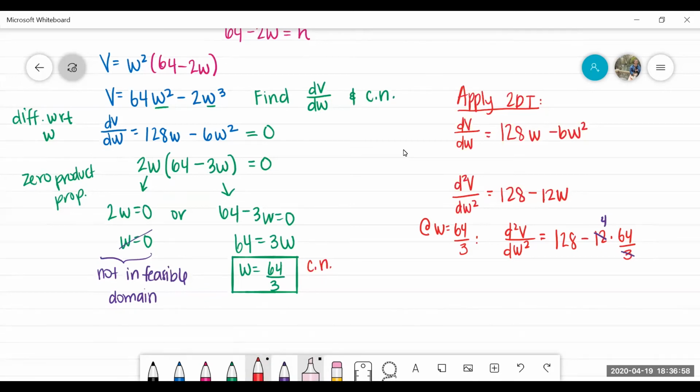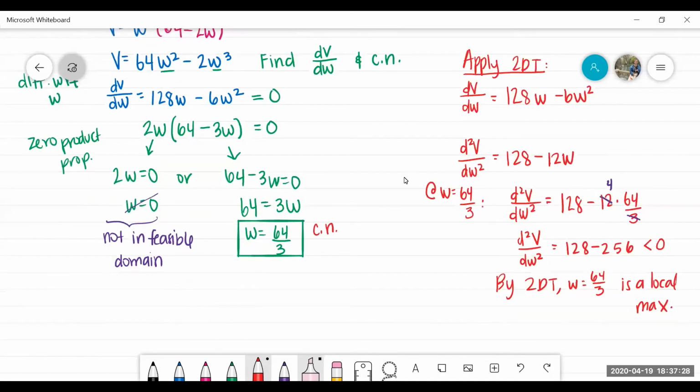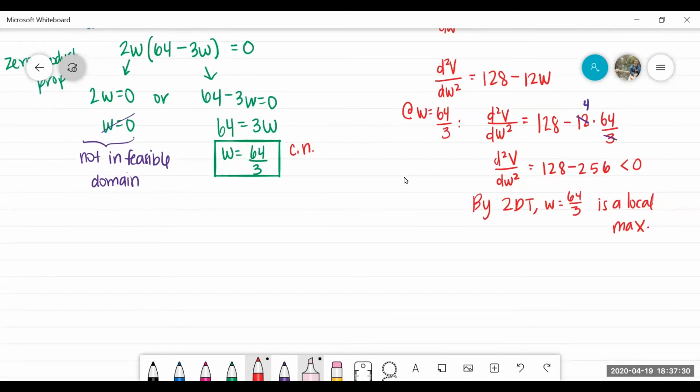So d squared V over dw squared is 128 minus 256. And again, I only care that this is negative. So according to the second derivative test, w equal to 64 thirds is a local maximum. Remember that the second derivative test is kind of backwards. So that means that this is in fact going to give us that maximum value we were looking for.